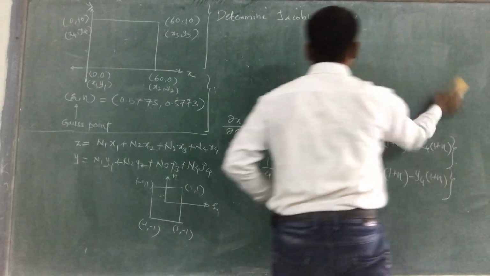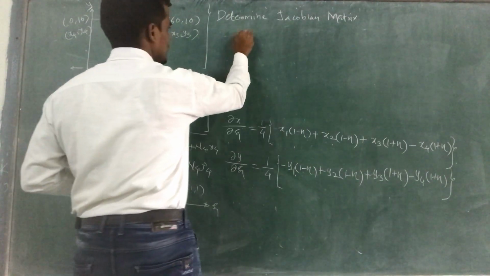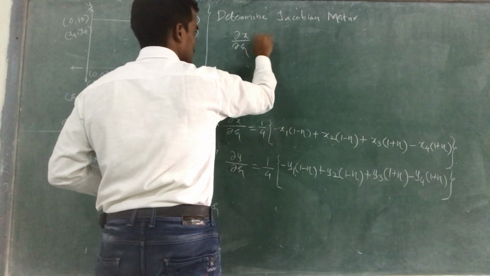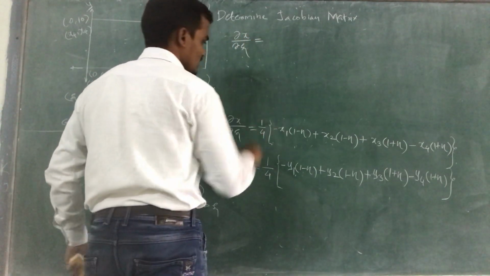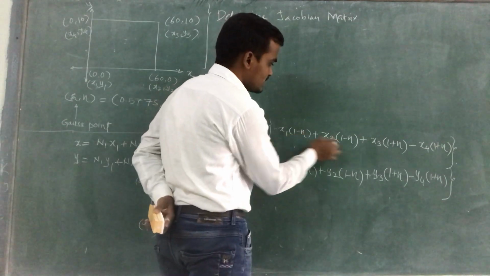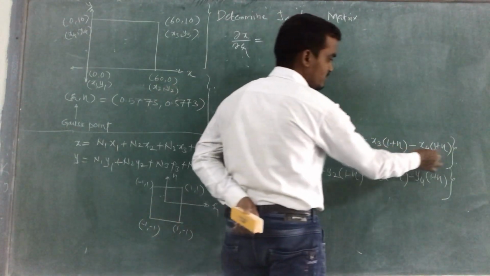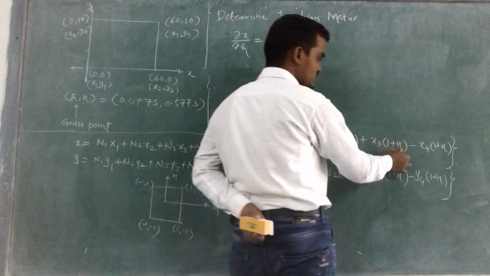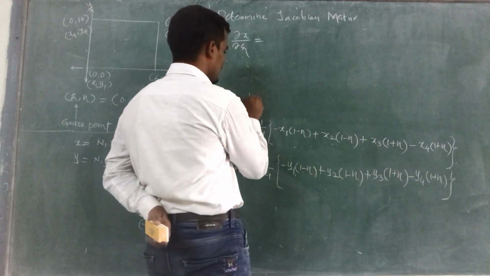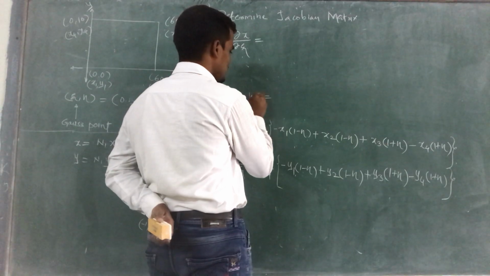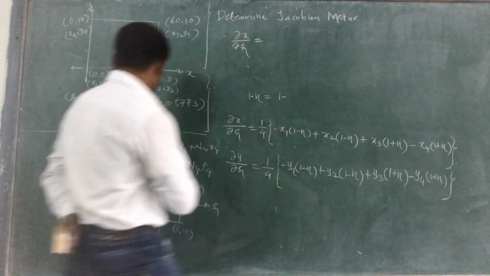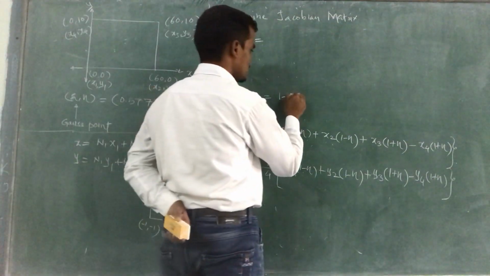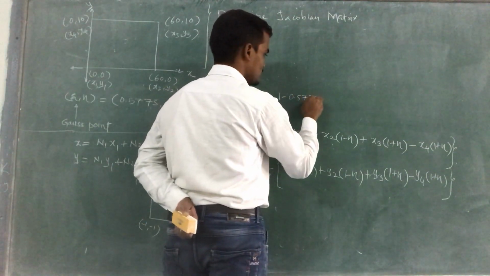So ∂x/∂ζ will become, now here (1 − η), (1 − η), (1 + η), (1 + η). So first just calculate the (1 − η) value and the (1 + η) value. So 1 − η: eta is given equal to 0.577.